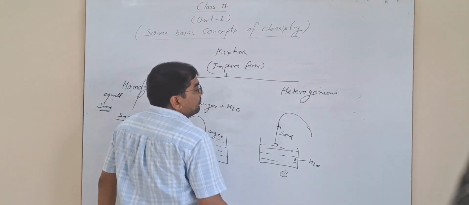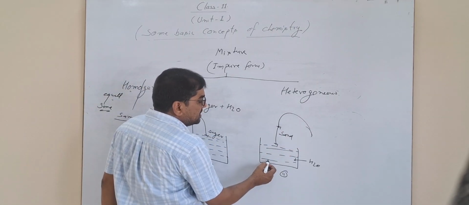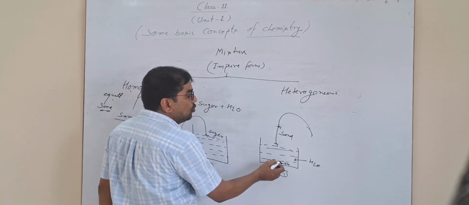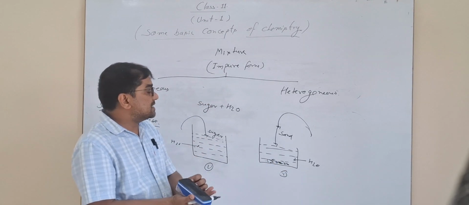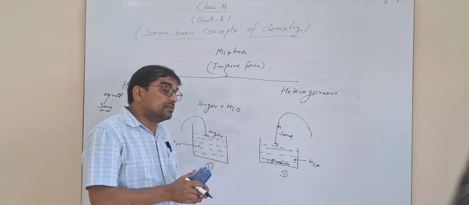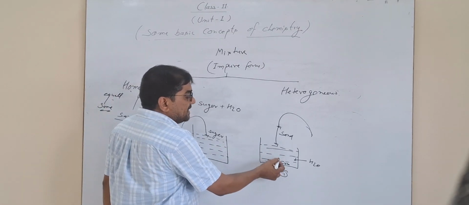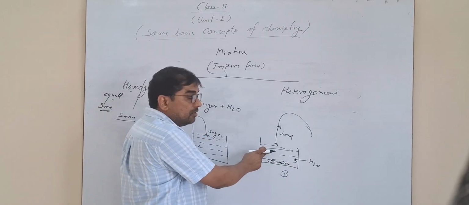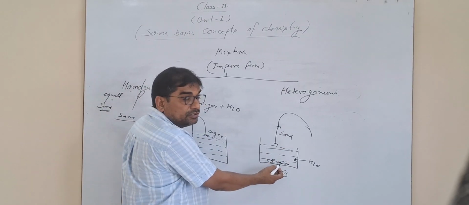In the next one, when sand is mixed, after a time it settles at the bottom, and with the help of the open eye we can see clearly the sand settled at the bottom. So both the phases are different. One component is in liquid form while another is in solid form.